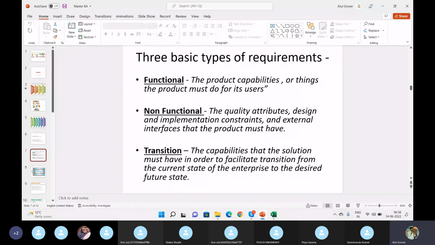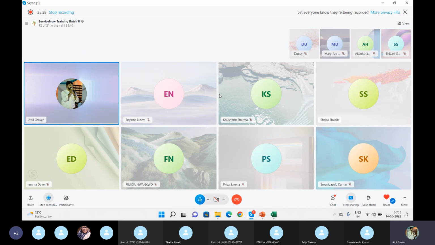Now we have three major types of requirements: functional, non-functional, and transitional requirements. What does functional say? The product capabilities, or the things the product must do for the user. If I gift a mobile phone, let's say to Priya, and that mobile phone doesn't have any calling option, she will say, Atul, what is this?